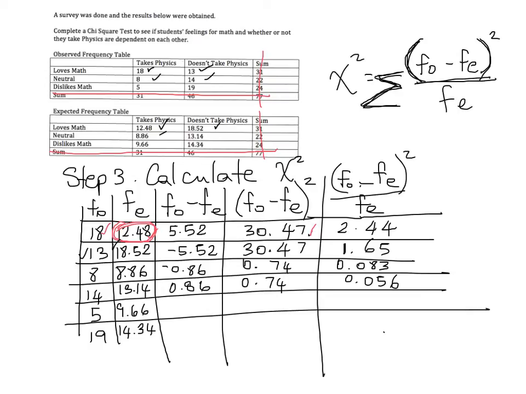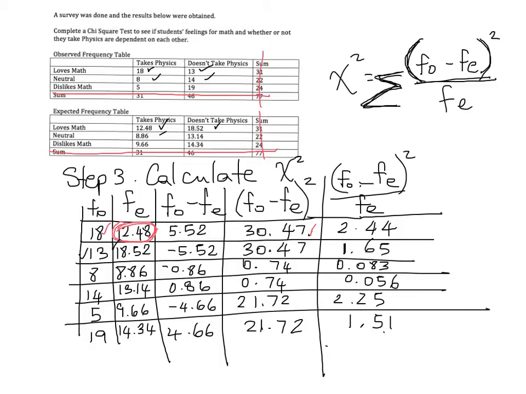We have negative 4.66, squared would be 21.72, 2.25, 4.66, squared 21.72, divide, we get 1.51.